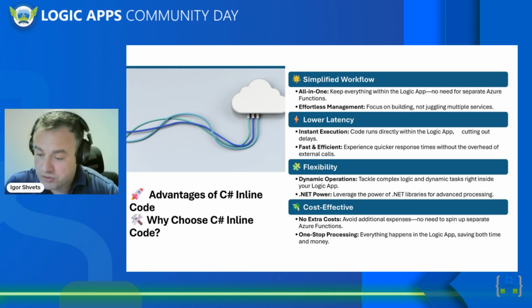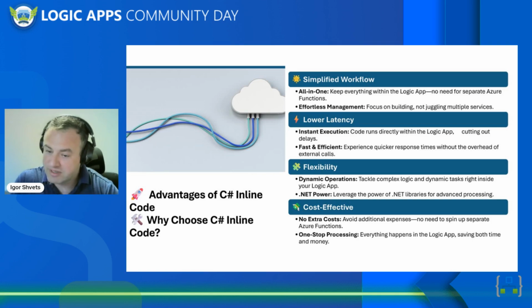So the advantages of C# inline code, and why choose C# inline code. First, it's a simplified workflow. It's an all-in-one scenario. It keeps everything within Logic Apps. No need for a separate Azure Function. It's effortless management: focus on building, not juggling multiple services. Also, what happens in large corporations?